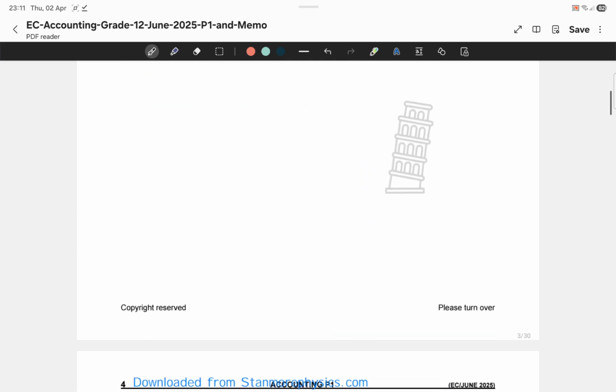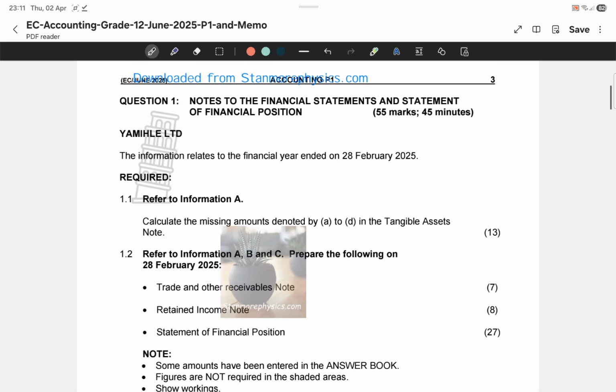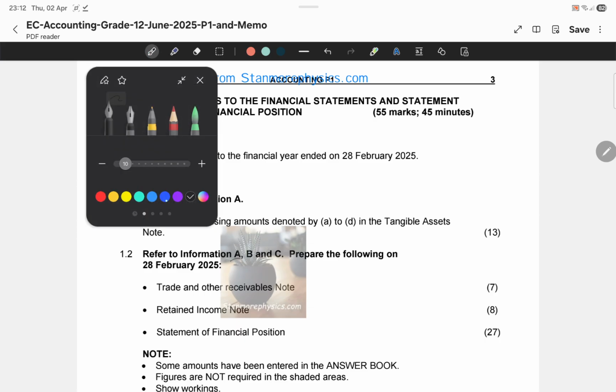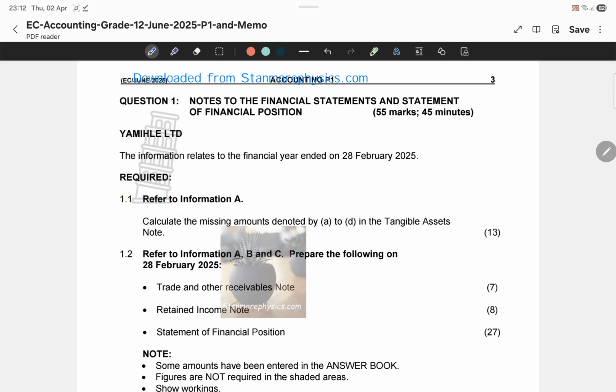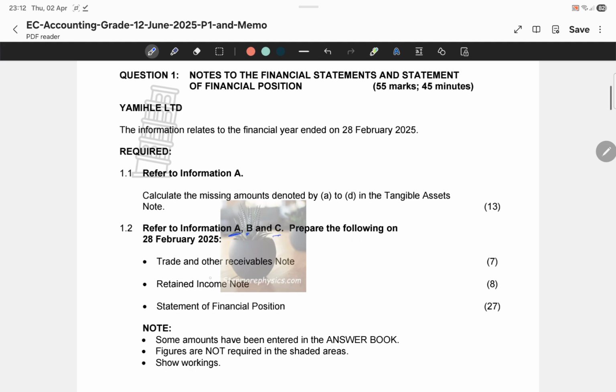So let's read the information first. Question 1.2. It says refer to information A, B, and C to prepare the following for the year ending.